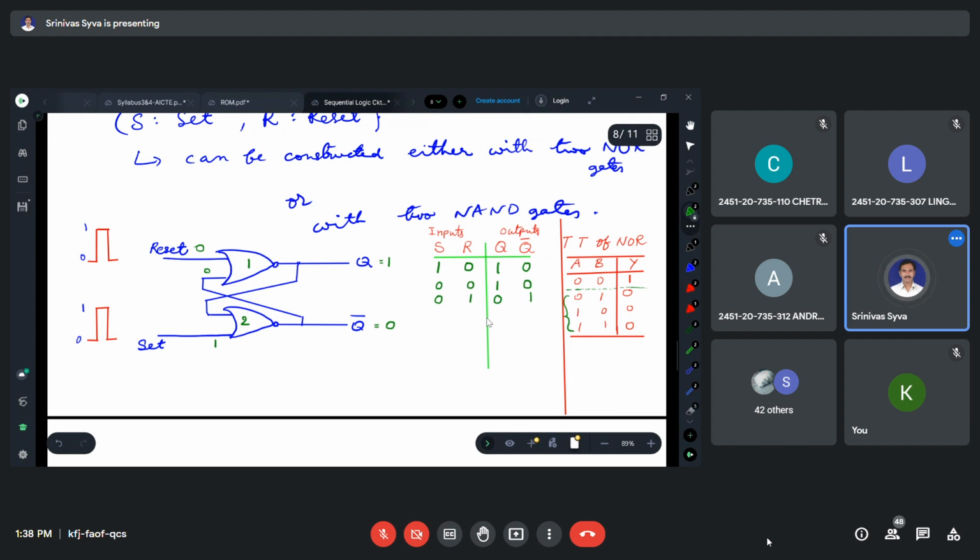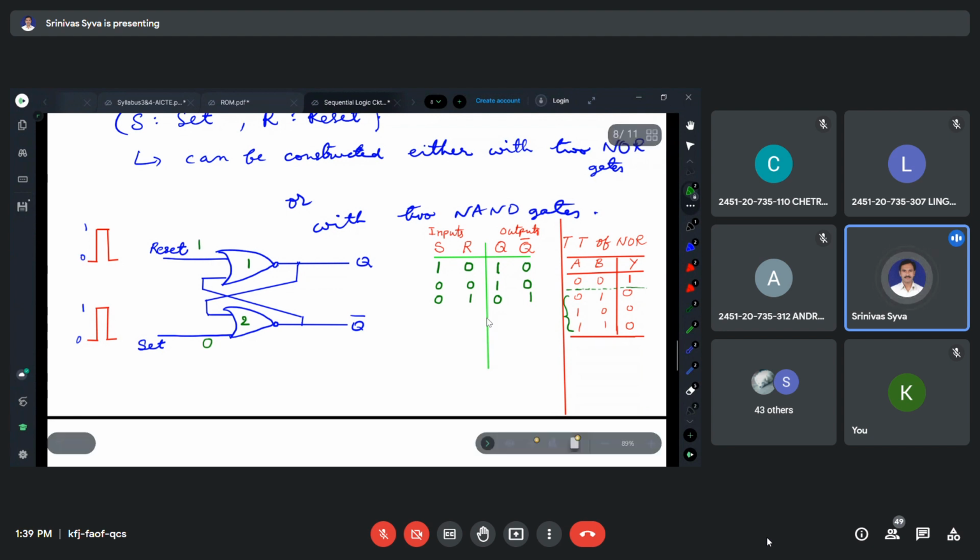To explain this, let us take up the circuit. Here S is 0, R is 1.